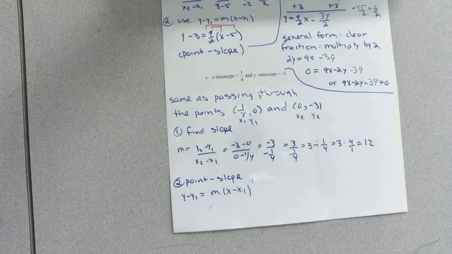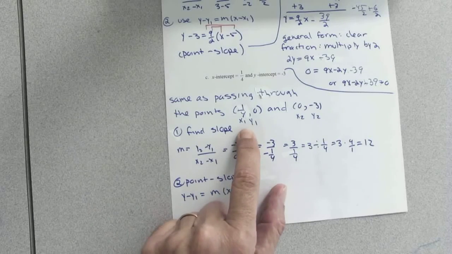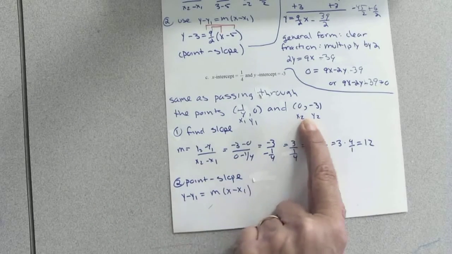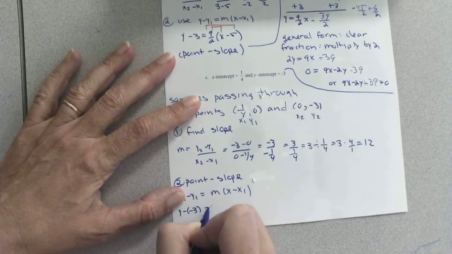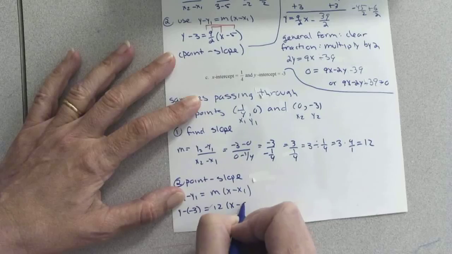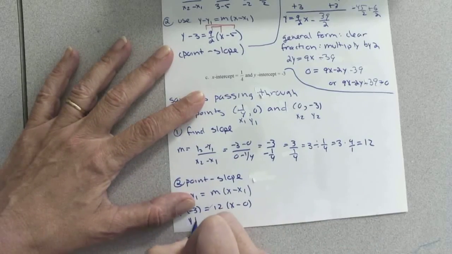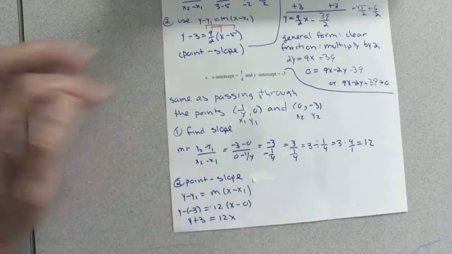This gives me an opportunity to say again, you can use whichever point you want. Use the easiest. That one's not the easiest; this is the easiest. So y minus -3 equals 12 times x minus 0, or y plus 3 equals 12x.